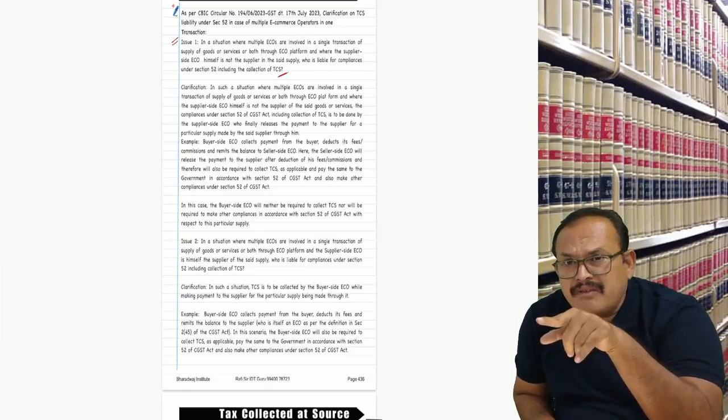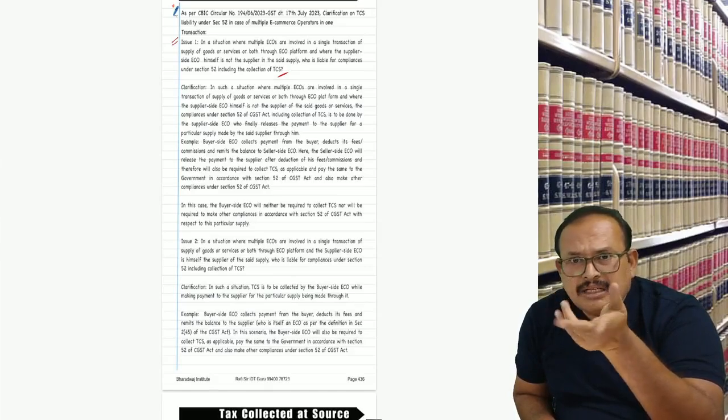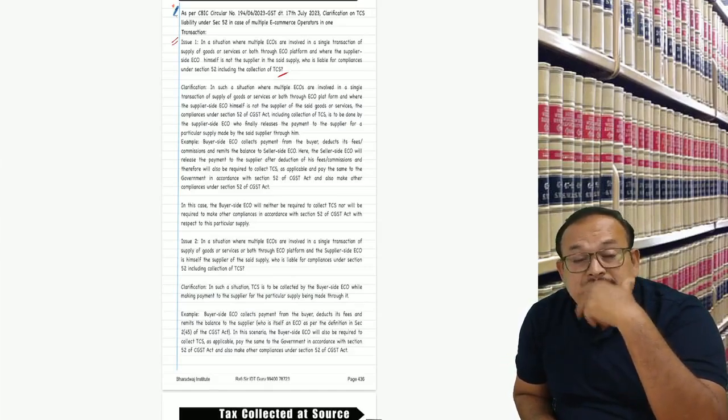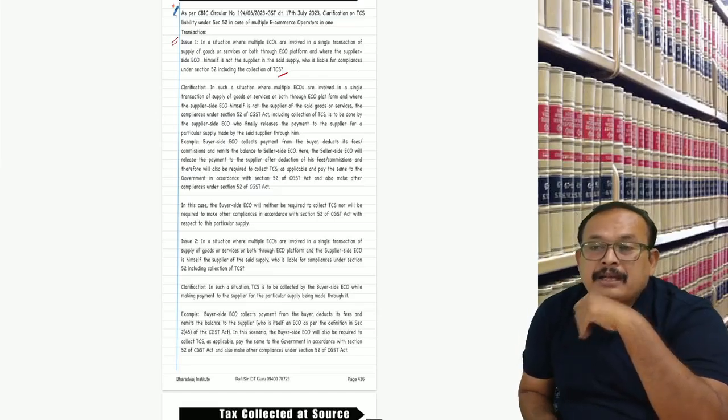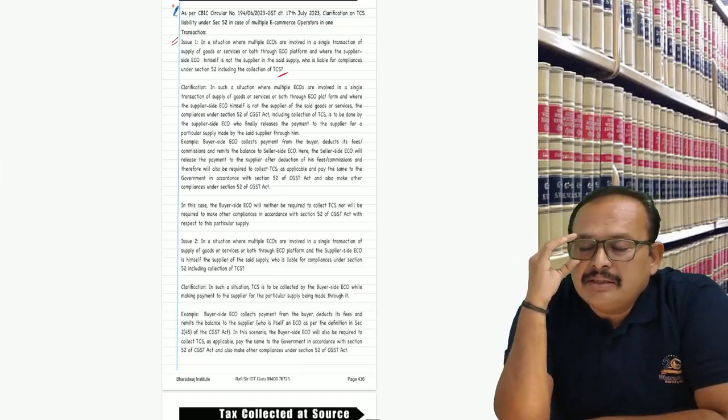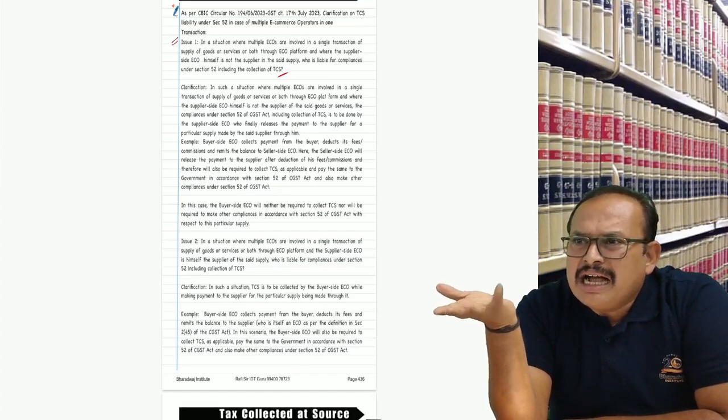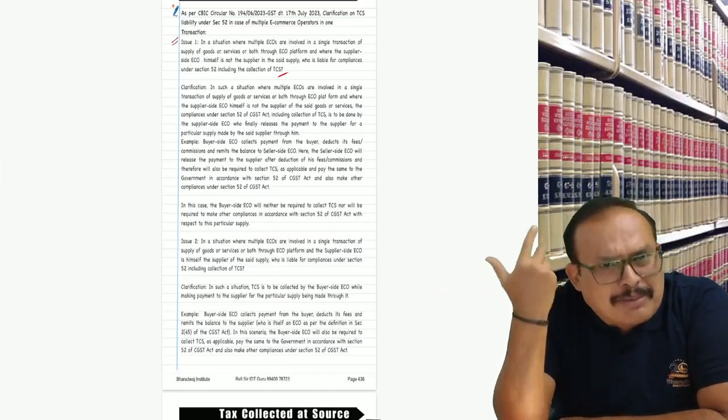GSTR 7, TDS, monthly, by the 10th of the following month. GSTR 8, TCS, monthly, by the 10th of the following month. The TDS deductor says, in the given month, I have no TDS liability because I have not purchased anything.